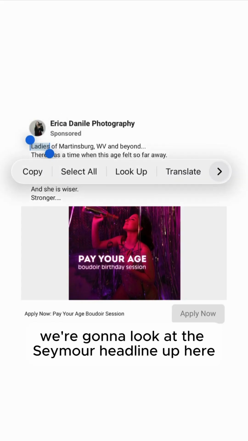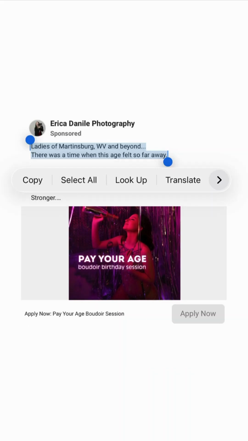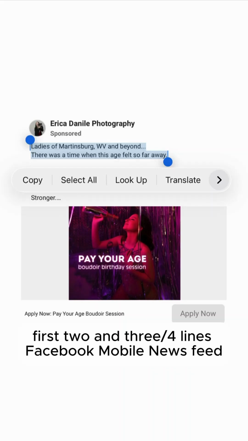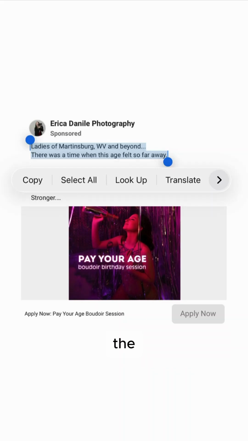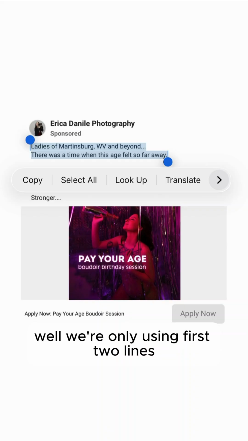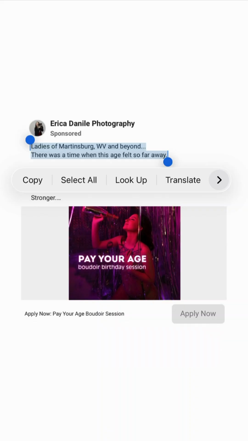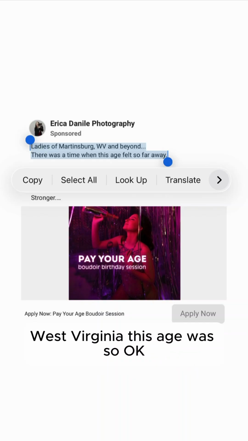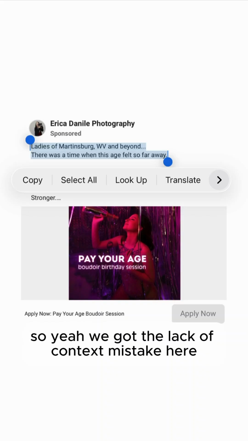Finally, we're going to look at the see more headline up here. First 2 3/4 lines, Facebook mobile newsfeed. Well, we're only using the first 2 lines. Now the Maze of Martinsville, West Virginia. This one was okay. So we've got the lack of context mistake here.